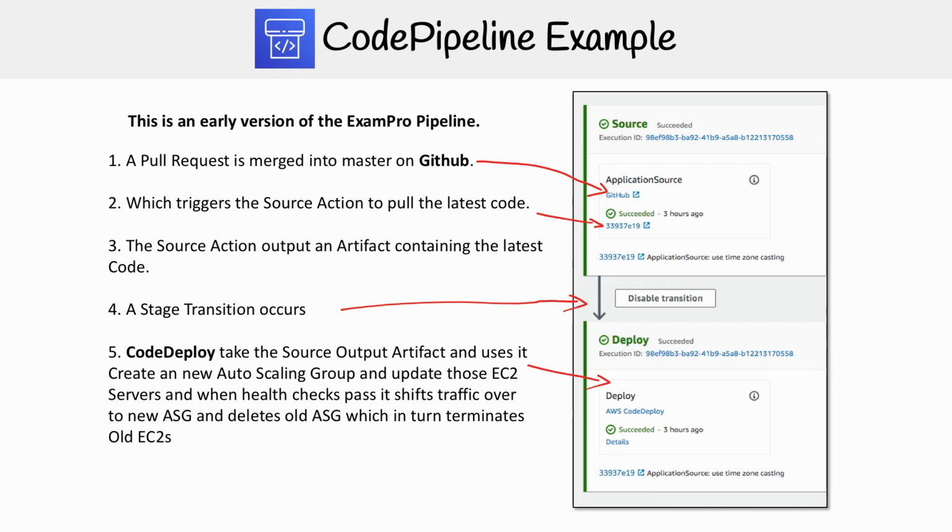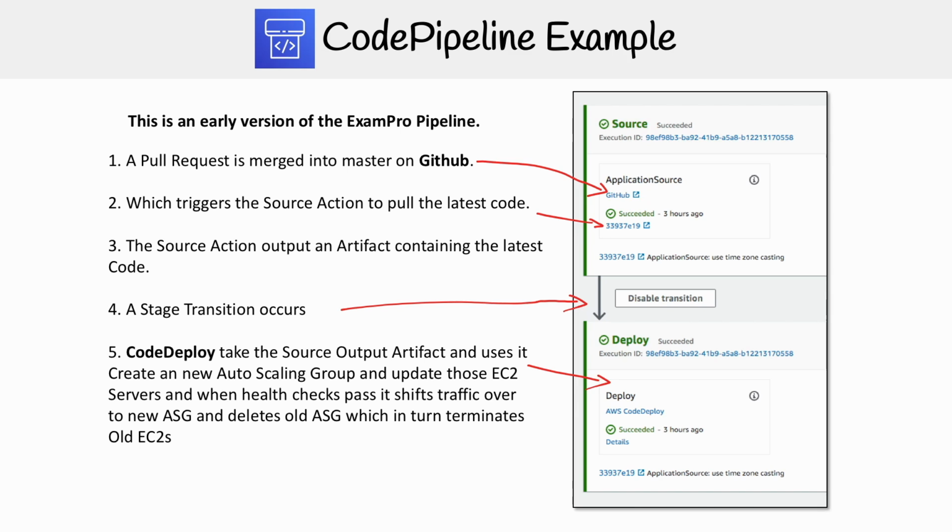So when a pull request is merged into master on GitHub, it's going to trigger the source action to pull the latest code. Once it pulls that code, the source action is going to output an artifact containing the latest code. Then a stage transition is going to occur. Then CodeDeploy is going to take that source output, the output artifact from the first step, and use it to create a new auto scaling group, and then update the EC2 servers with that artifact.